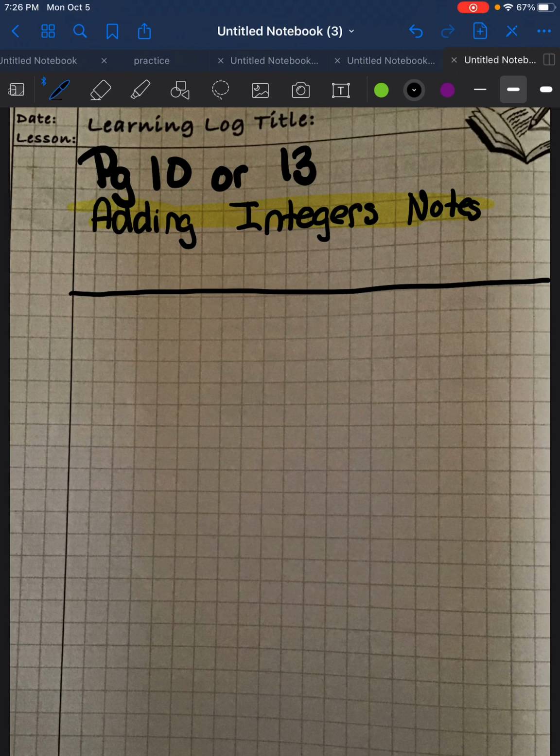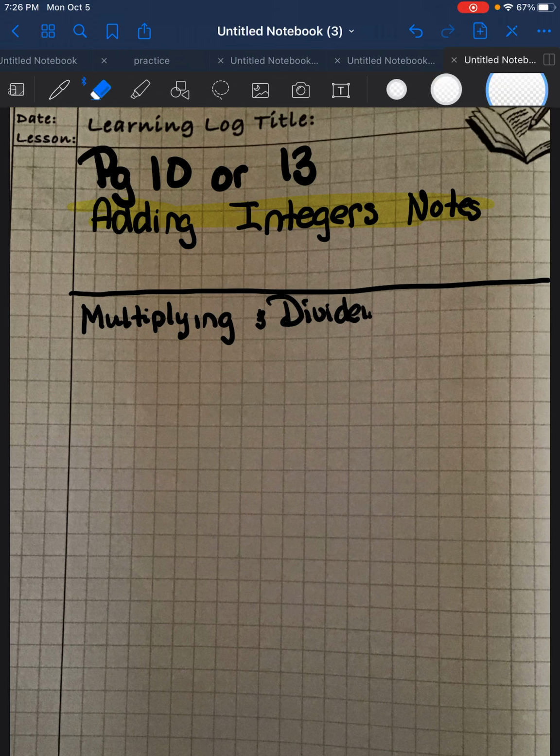So today's notes are on multiplying and dividing integers.